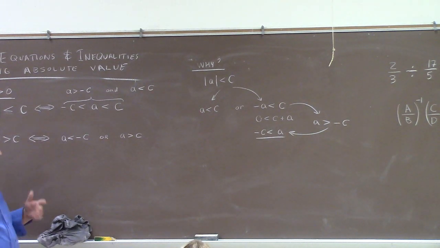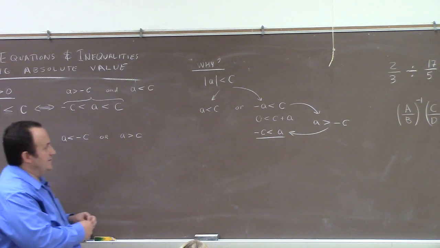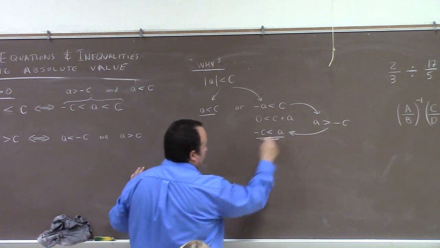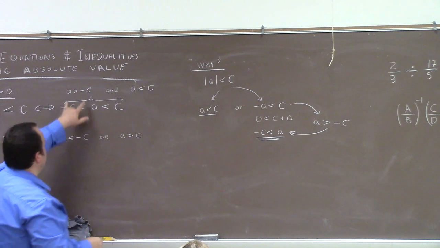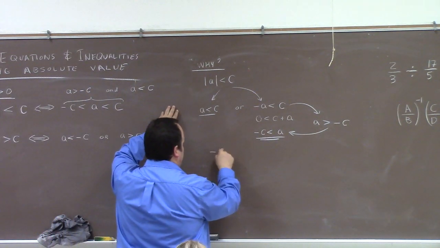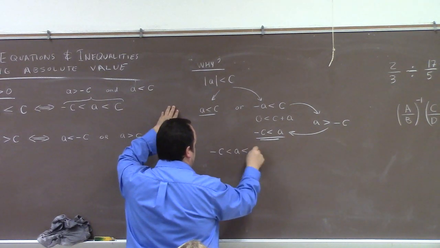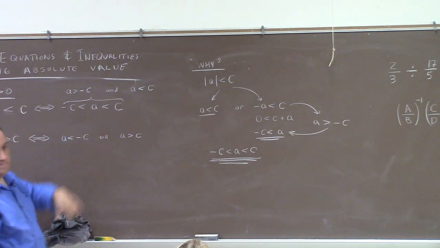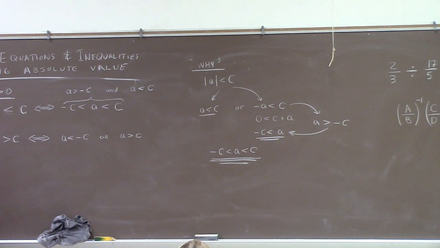Anyway, my point is that we either have A less than C or minus C less than A, which is what I set up here. So if we put those together, minus C is less than A is less than C. That's for less than.